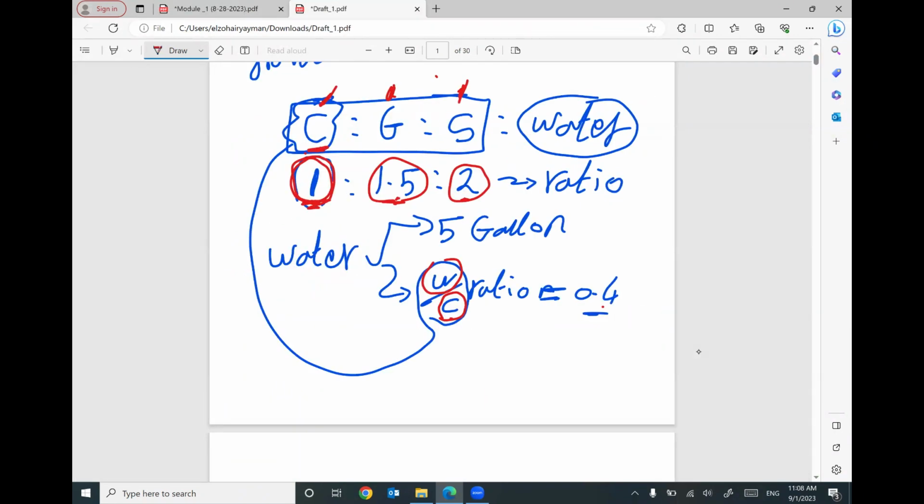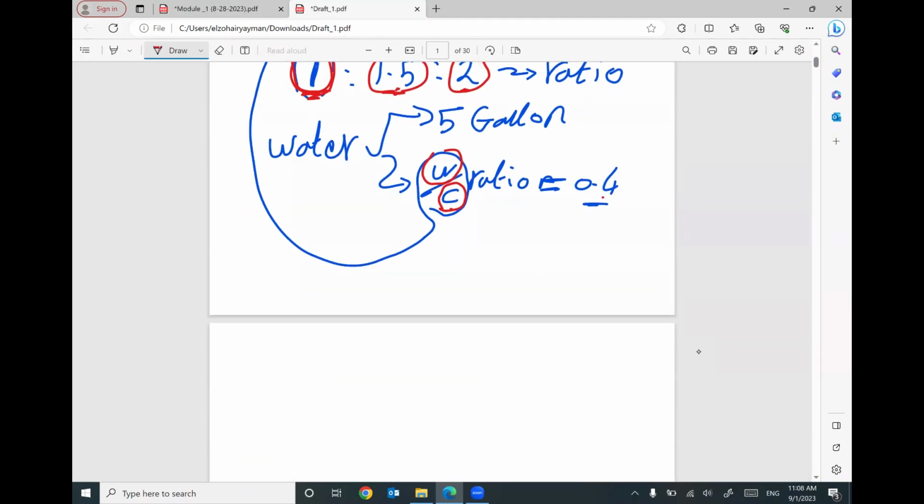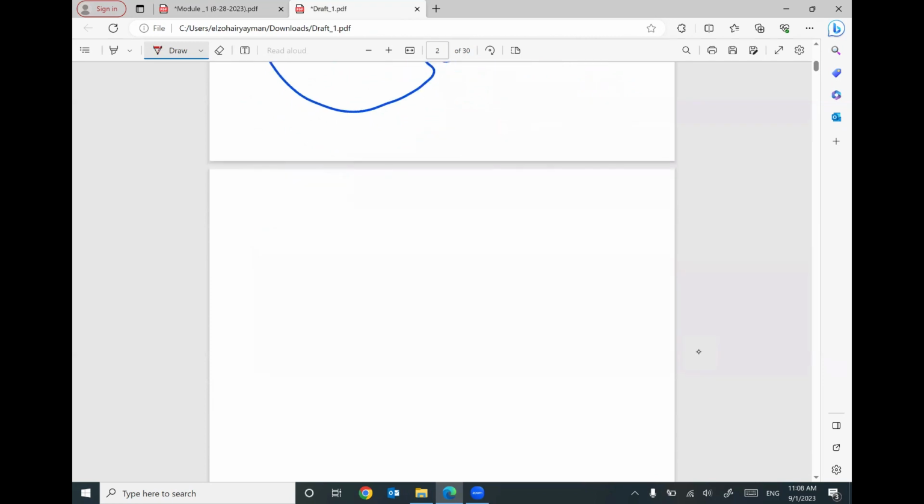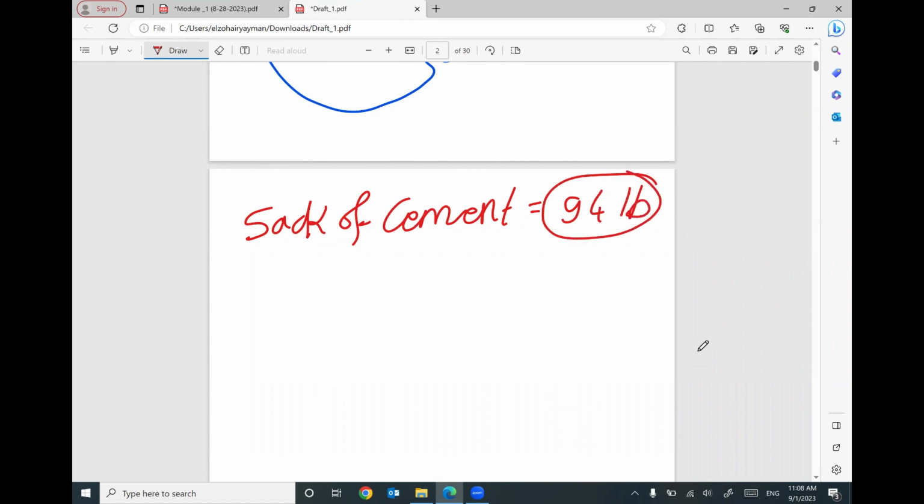By the way, if you go to Home Depot or Lowe's, you will find mostly every sack of cement weighs 94 pounds.